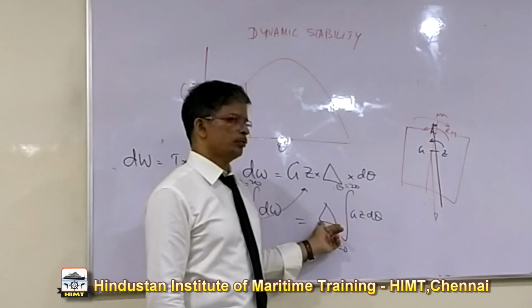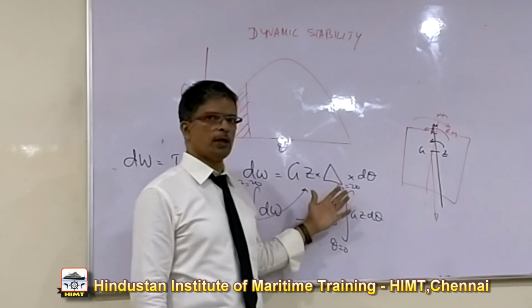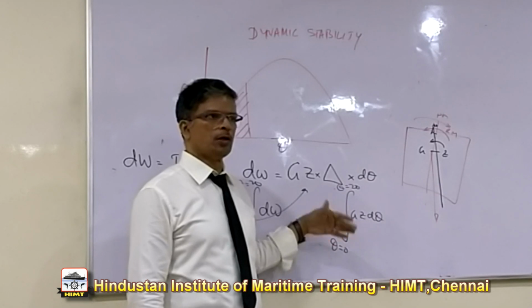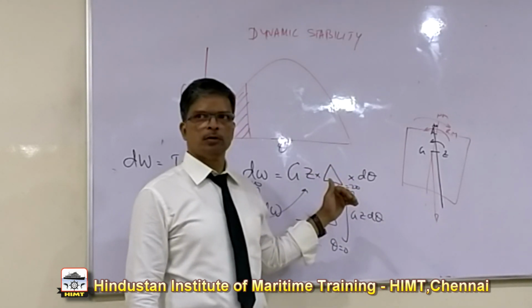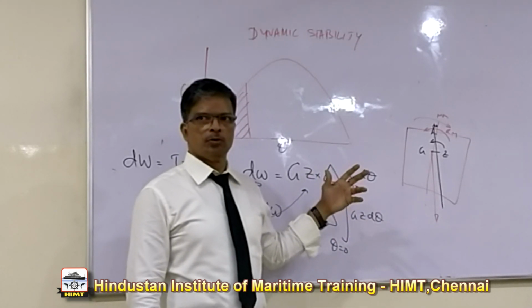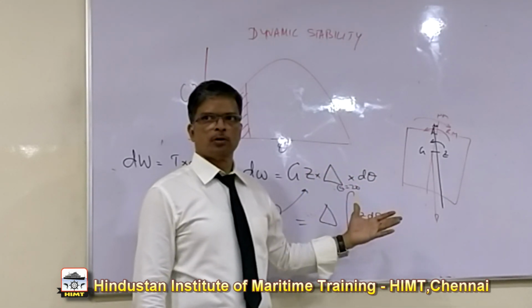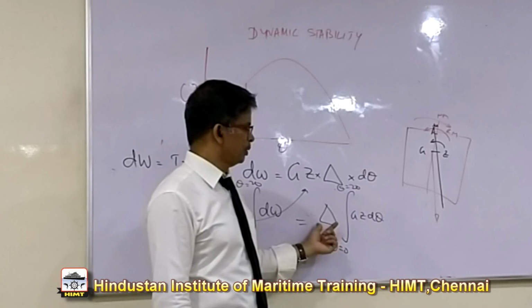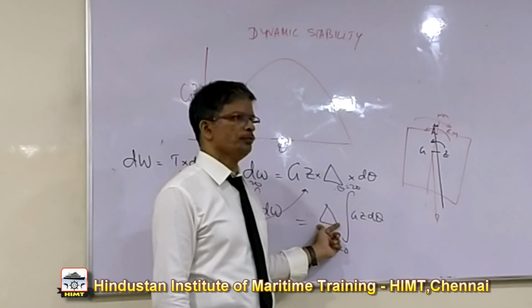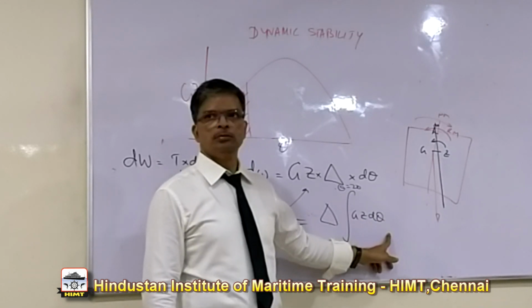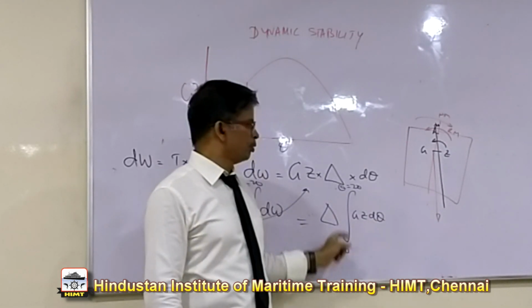You take the weight. If you want SI units, you convert everything into SI units. So from tonnes, you put 9.81, so that you turn it into newtons, and you can turn it into joules, kilojoules, megajoules. But the principle is you take the weight of the ship and integrate GZ against theta from this limit to this limit.